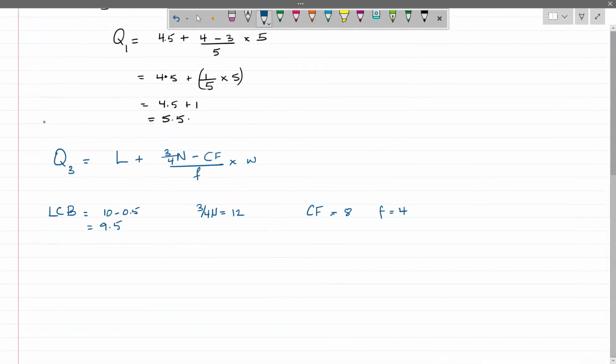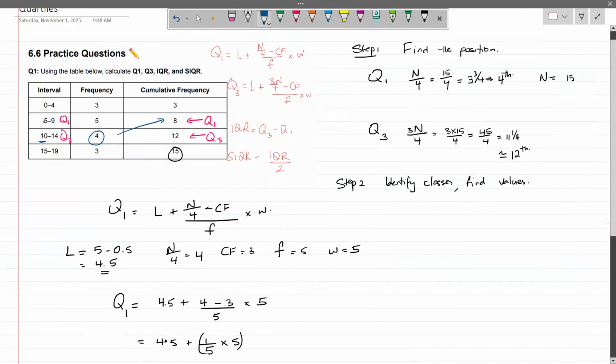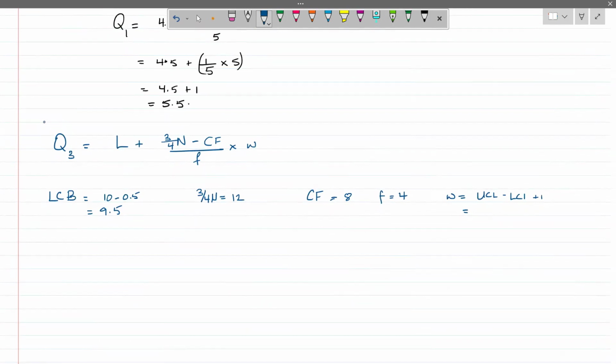And my class width is equal to my upper class limit minus my lower class limit plus 1. So we're talking about 14 take away 10 plus 1, 4 plus 1, which is equal to 5.